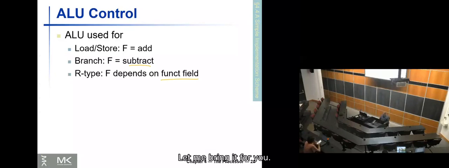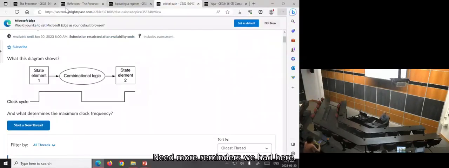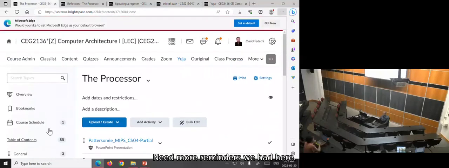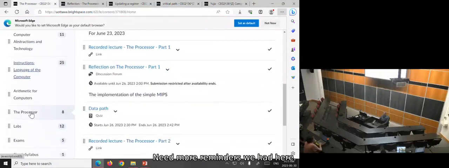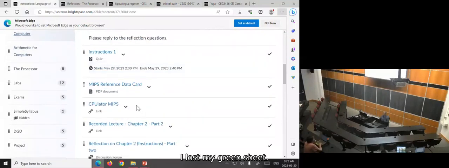Let me bring it up for you, Joe. You need more reminders. Where is the reference? I lost my green sheet, the reference that I had, so I have to use this.